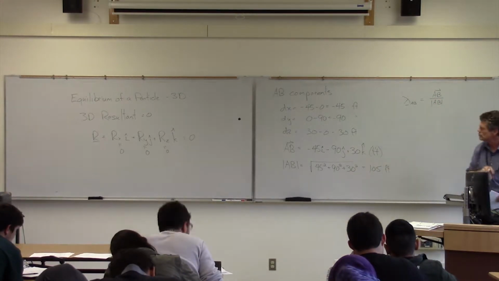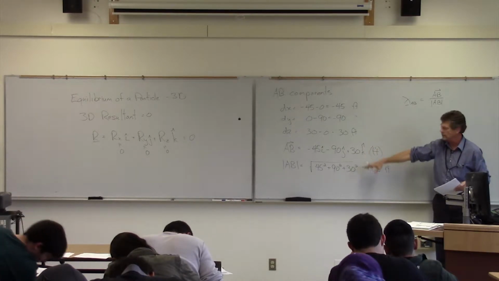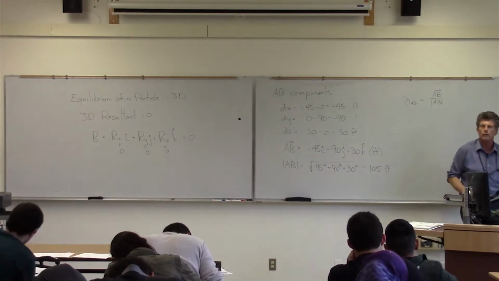And basically, it's just taking this vector and dividing all of those terms by 105.